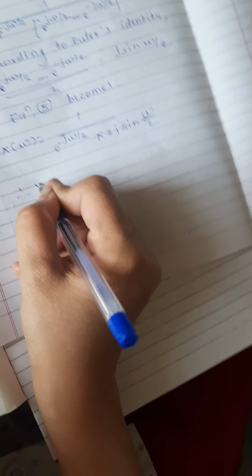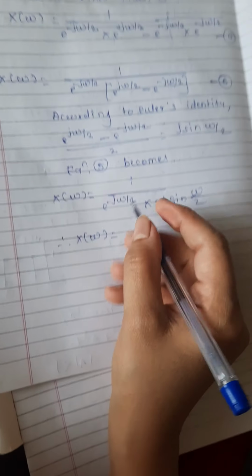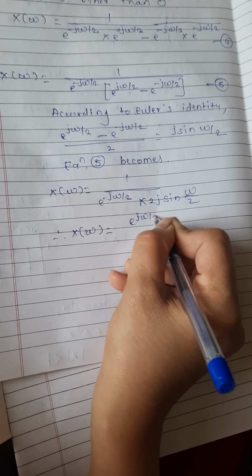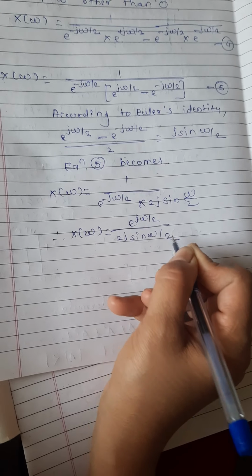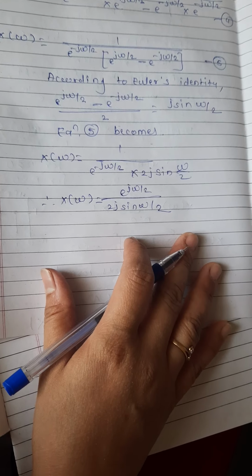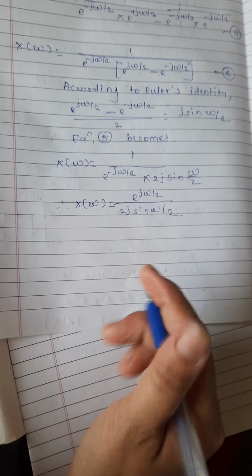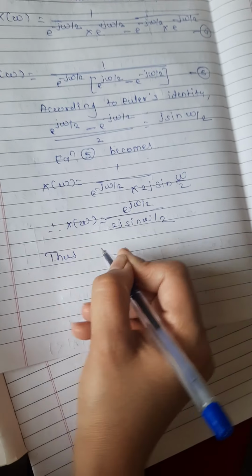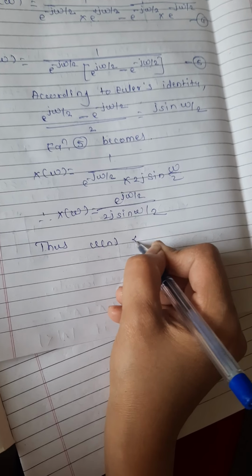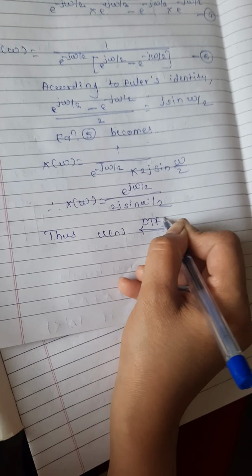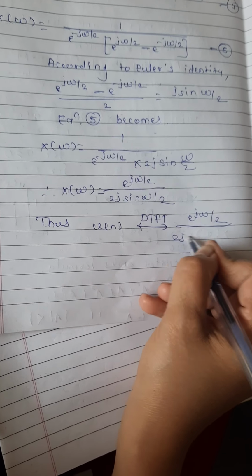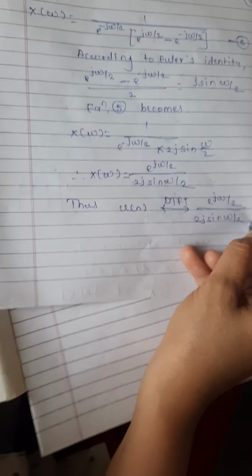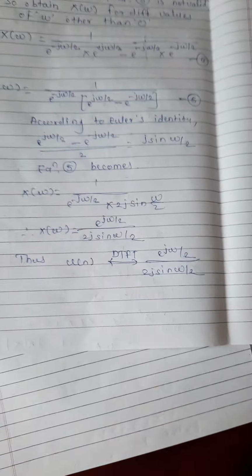So the equation becomes X of omega is equal to e raised to j omega by 2 divided by 2j sine omega by 2. Thus the DTFT of u of n is e raised to j omega by 2 divided by 2j sine omega by 2. So this is the answer.